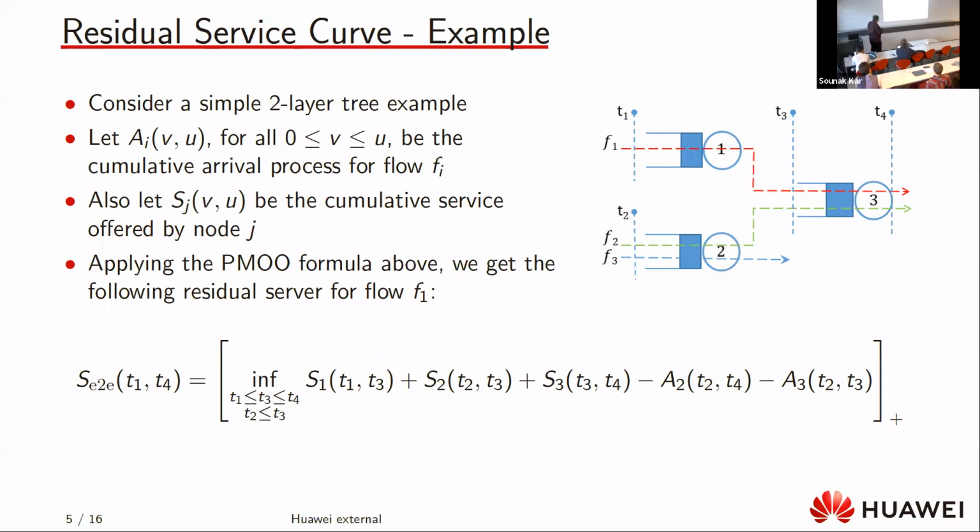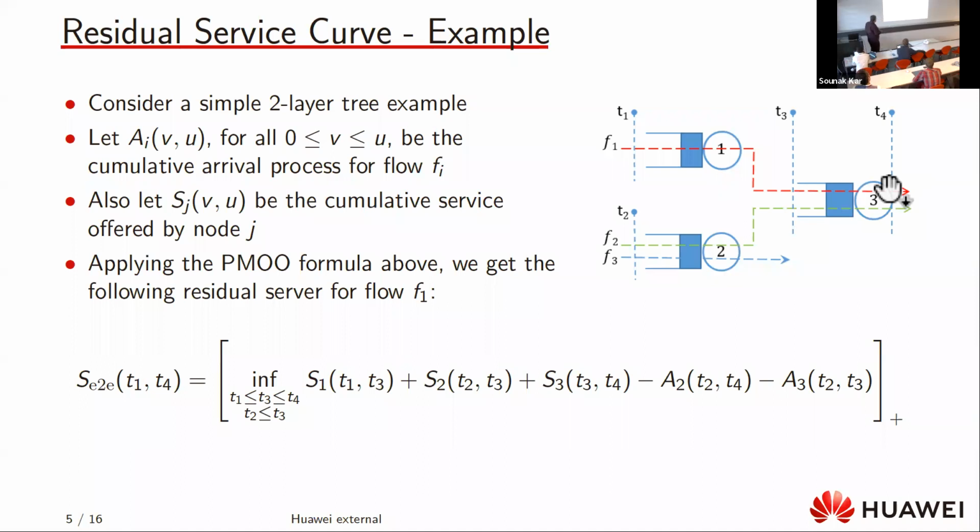A simple example: if we have this two-layer tree and we want to apply this, the first thing we do is allocate these time variables. At each entrance and exit of each server, we have a time variable. For flow 1 we have T1, T3, and T4. For flow 2 and 3 we have T2 and T3. And for flow 2, T3 and T4.